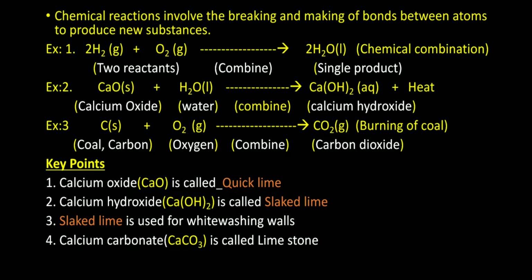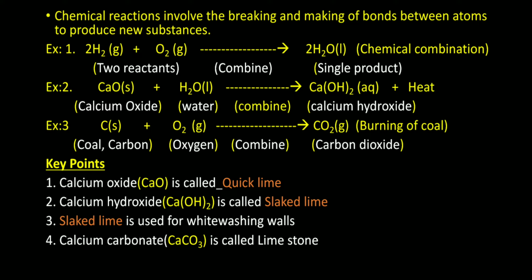Example number 1: 2H2, which is in the gaseous state, G, plus O2, also in the gaseous state, G, gives rise to 2H2O. This is the chemical combination reaction. Two reactants, hydrogen and oxygen, when combined with each other, form a single product, that is water, H2O.